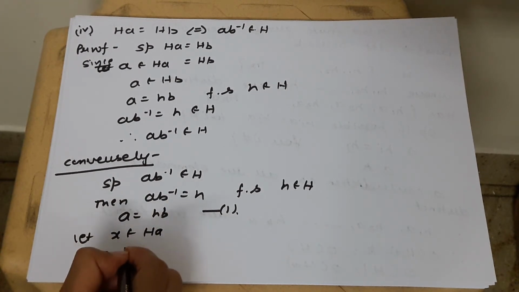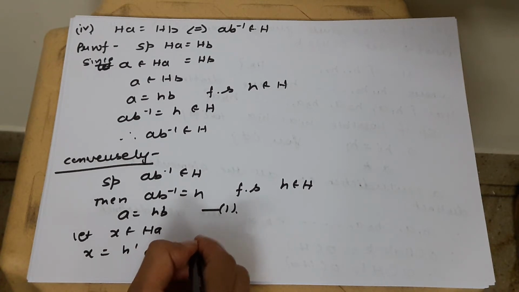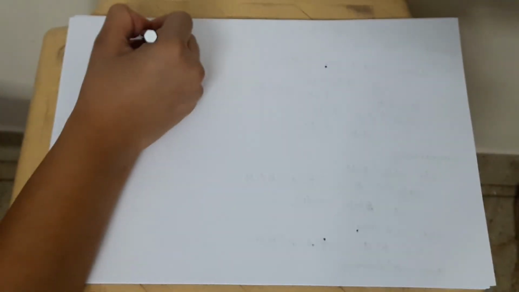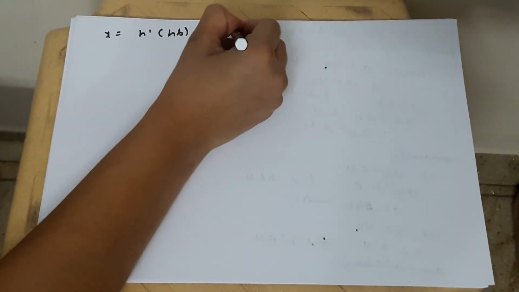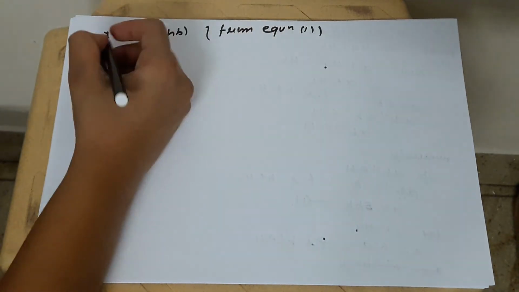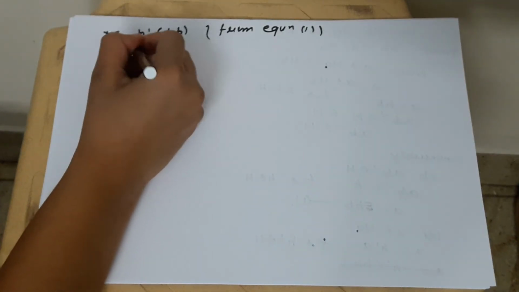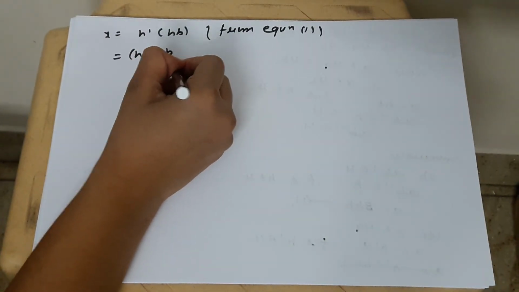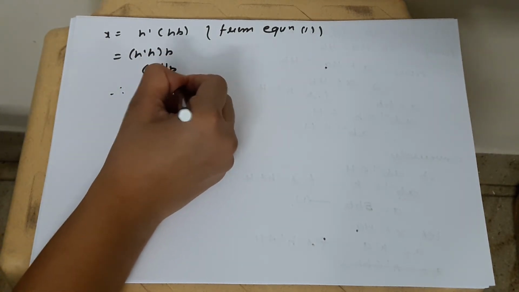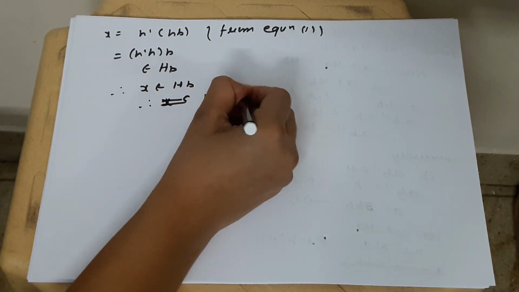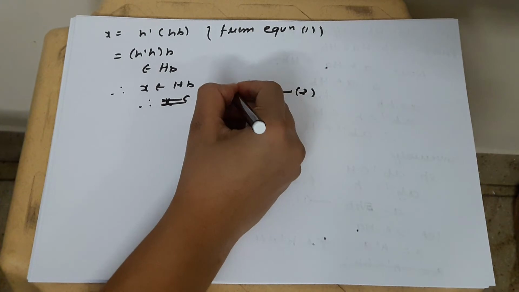Then x is equal to h dash a for some h dash belongs to H. So x is equal to h dash hb from equation 1. By associativity, we can write it like this. This belongs to H, h dash h, and b belongs to B. Therefore, x belongs to Hb. Therefore, Ha is contained in or equal to Hb. This is your equation number 2.